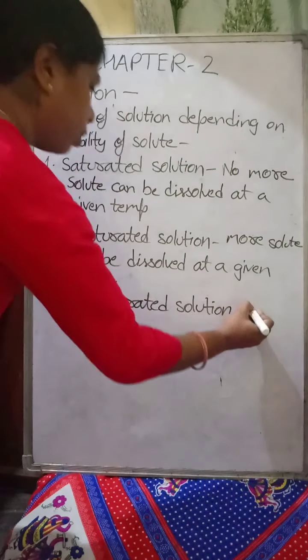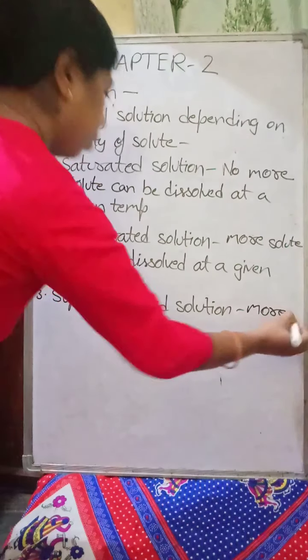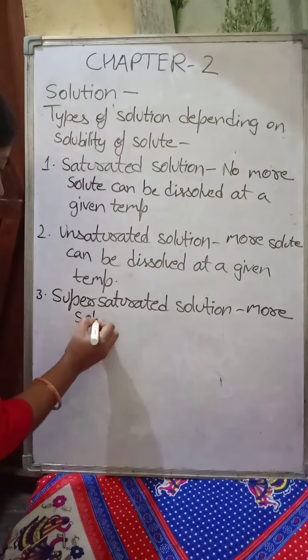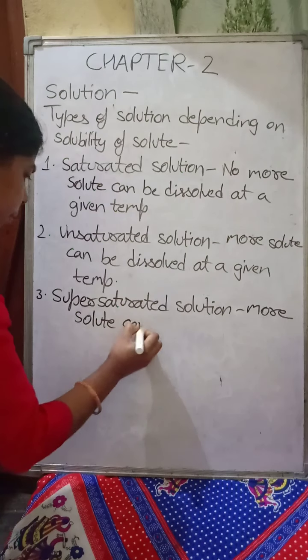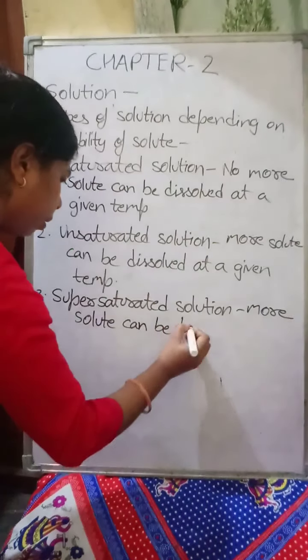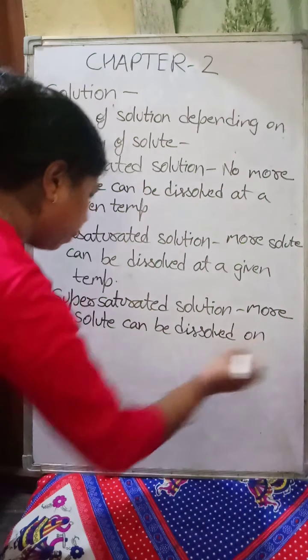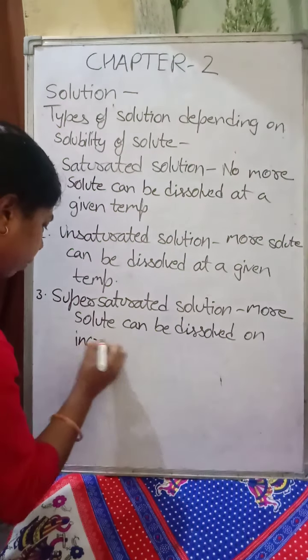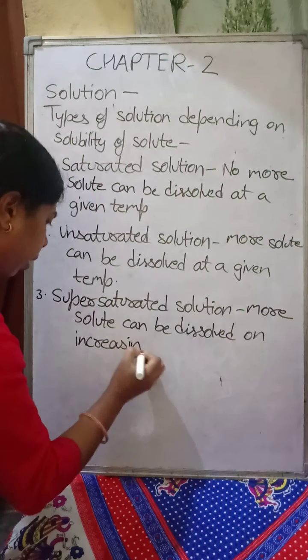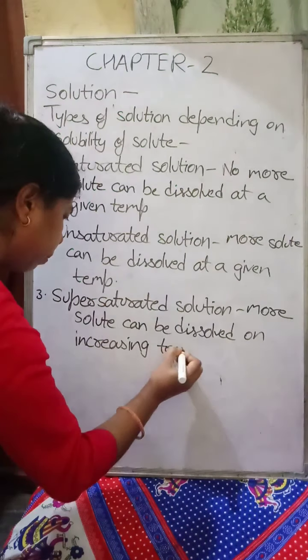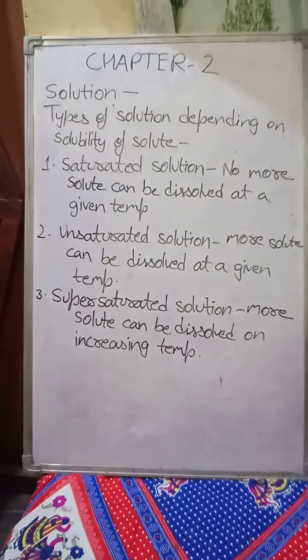The solution in which more solute can be dissolved on increasing temperature is called a supersaturated solution. So the solution which is after the saturated solution is known as a supersaturated solution.